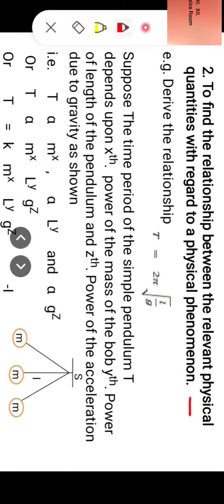For example, derive the relation time period of simple pendulum T is equal to 2 pi root L by G. Suppose the time period of simple pendulum T depends upon xth power of the mass of the bob, yth power of length of the pendulum, and zth power of the acceleration due to gravity as shown. That is, T is directly proportional to m power x, T is directly proportional to L power y, and T is directly proportional to G power z.